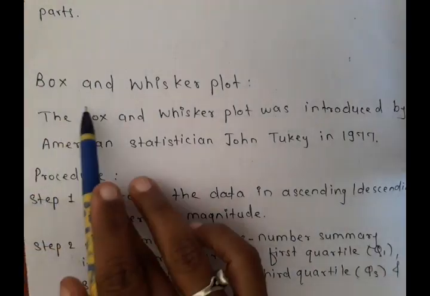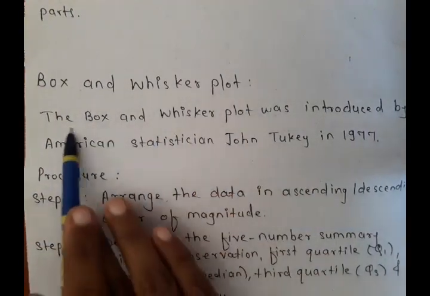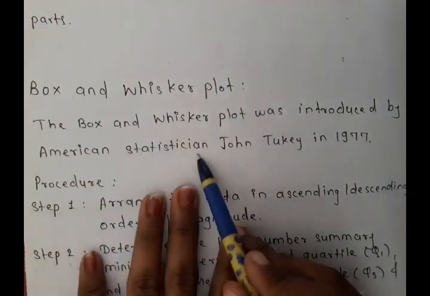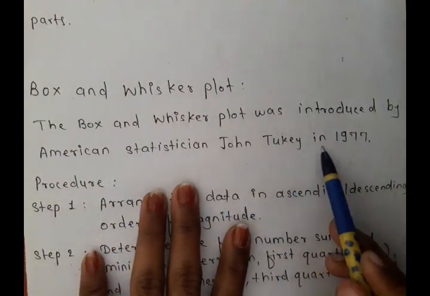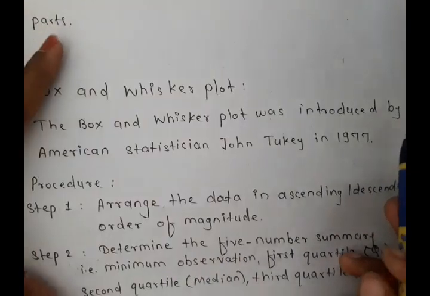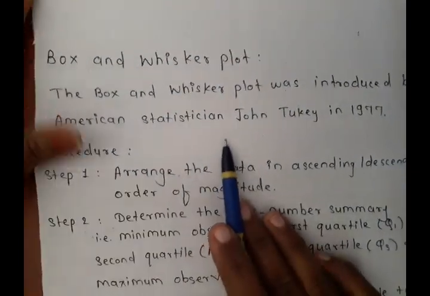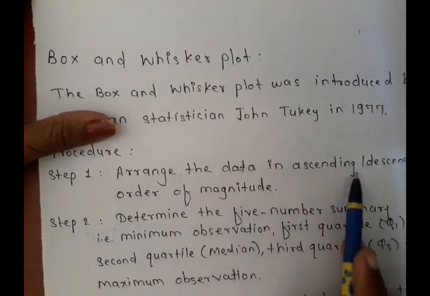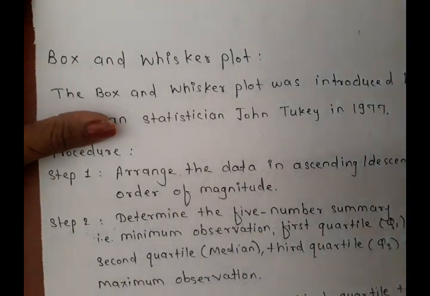Next, box and whisker plot. The box and whisker plot was introduced by American scientist John Tukey in 1977. So procedure to draw a box plot. First step is arrange the data in ascending or descending order of magnitude.